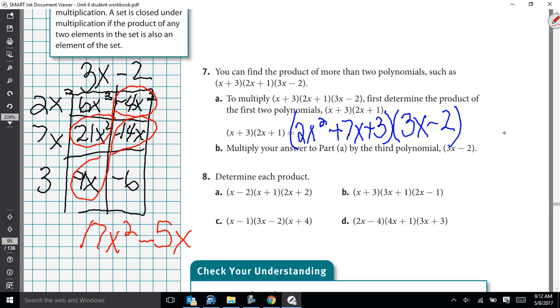And then we have our 6x cubed and our 6x. So 6x is going to go in the end, and 6x cubed at the beginning, so we're in descending order by degree. So 6x cubed first, then 17x squared minus 5x minus 6.